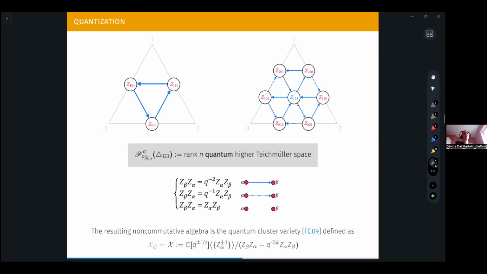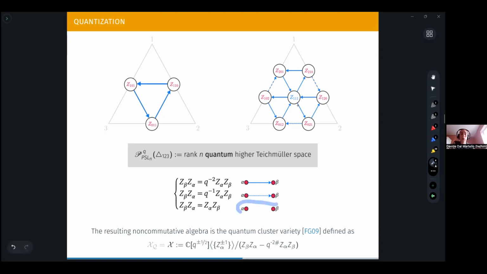This quiver encodes what you want to know about the non-commutative features. Now it's quantum in the sense that my variables are not variables anymore. If you're more analytic, you can think of them as operators; if you're algebraic, as generators in some algebra. A priori, they don't commute.